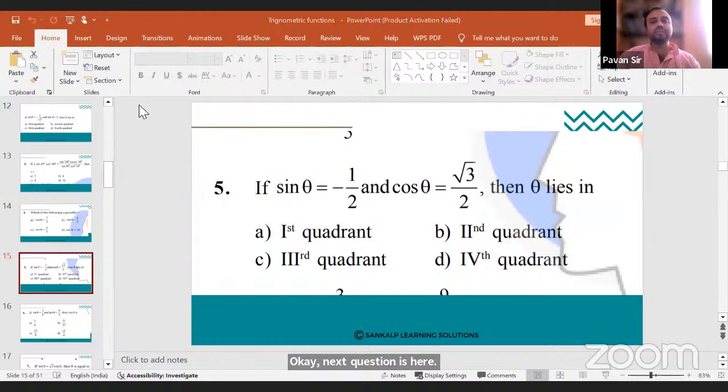If sin theta is minus half, cos theta is root 3 by 2, then theta lies in first, second, third, fourth quadrant. Which one is the right answer for this? Sneha has given D. Someone else has given B as the answer. Just try to think and give the answer.